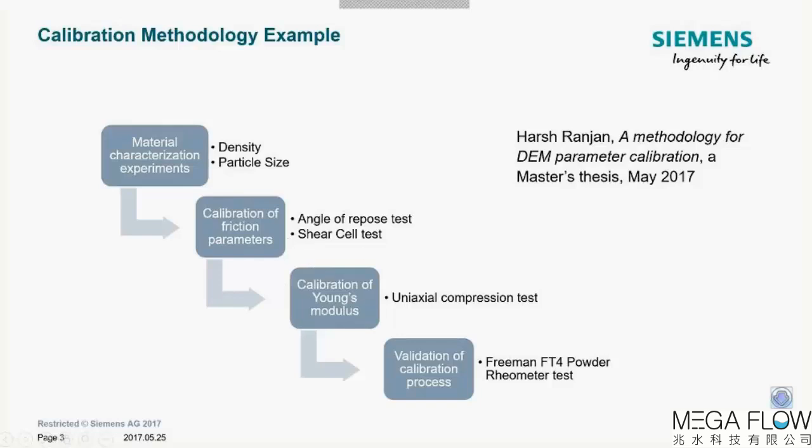And once we've done that, we should do the calibration of Young modulus using uniaxial compression test simulation, and then we are ready to validate our results, or use the model in the real applications.